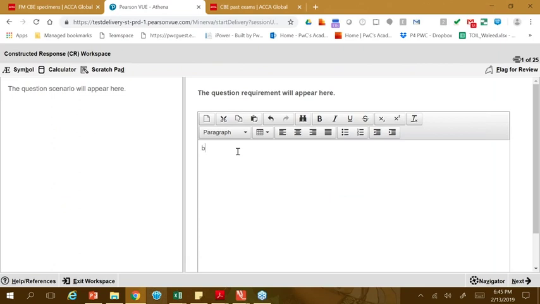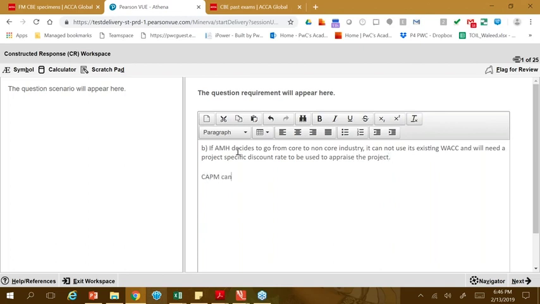So this is B. If AMH decides to go from core to non-core industry, it cannot use its existing WACC and will need a project-specific discount rate to be used to appraise the project.